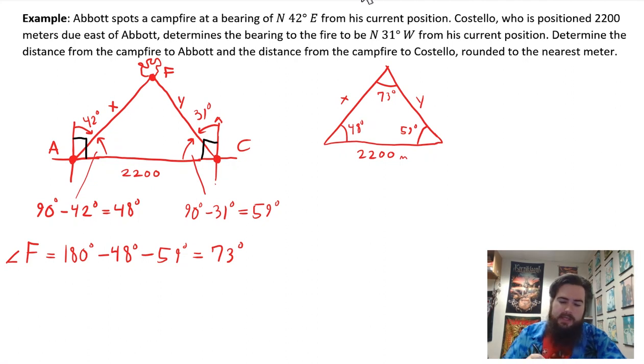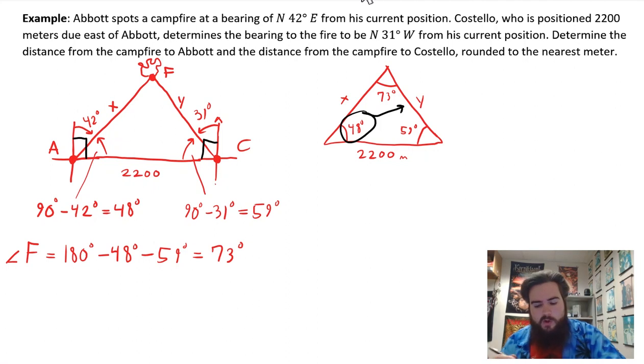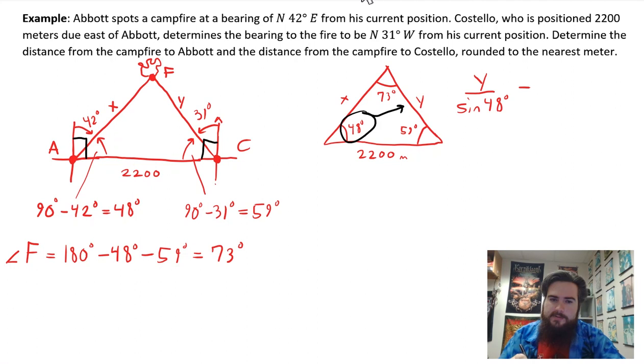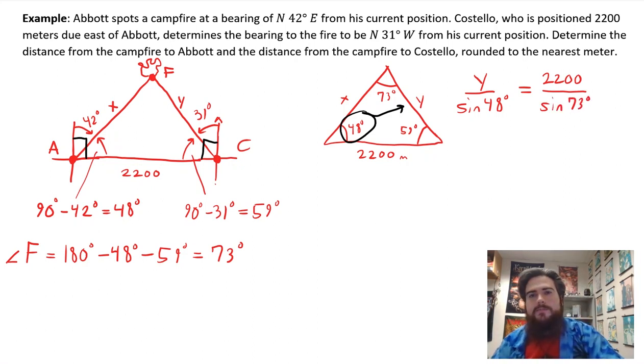So let's do that. Let's start with 48 degrees, finding the side length across from that, which is y. If I want to solve for y, I will make that with a fraction with y on top, structured so it is divided by sine of the angle measure across from it of 48 degrees. And I'll set that equal to a full ratio of the side length and angle measure that are known, which is 2,200 meters, and sine of 73, the angle measure across from 2,200.